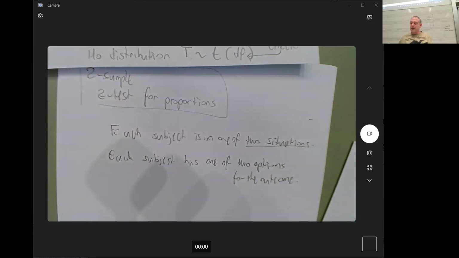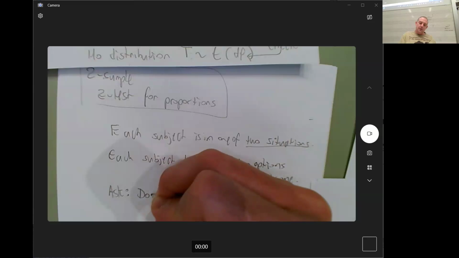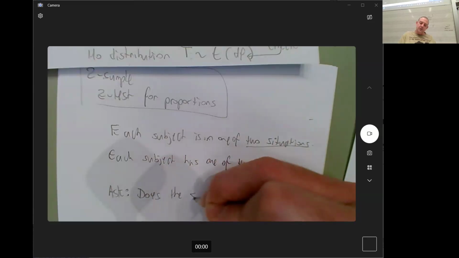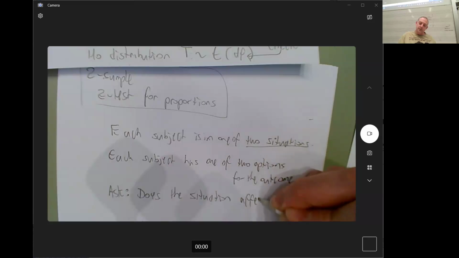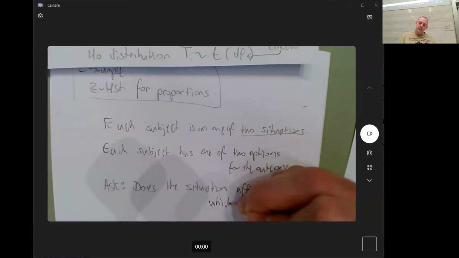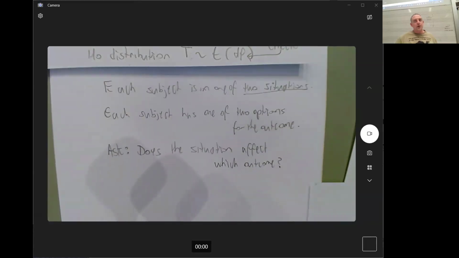So the two options are usually yes or no for the outcome. And you ask, does the situation affect which outcome? That's the question.